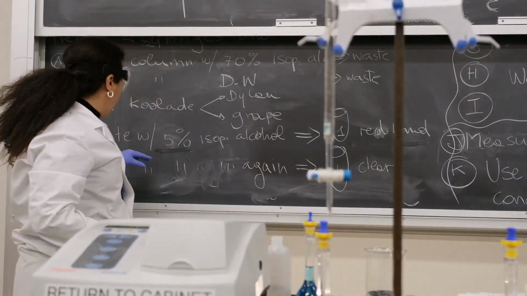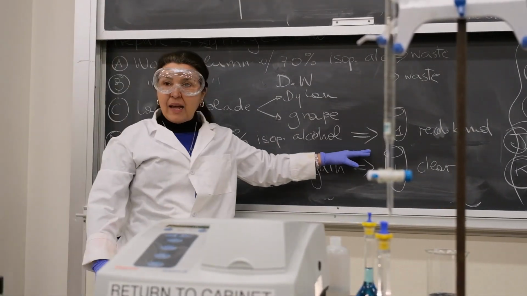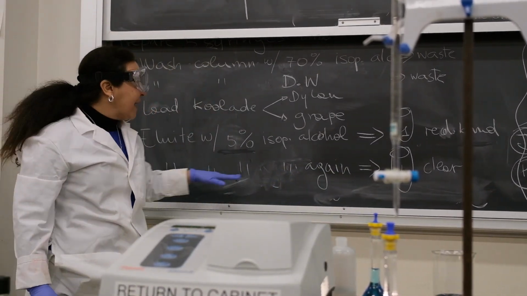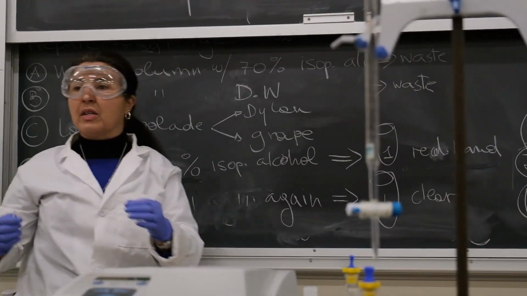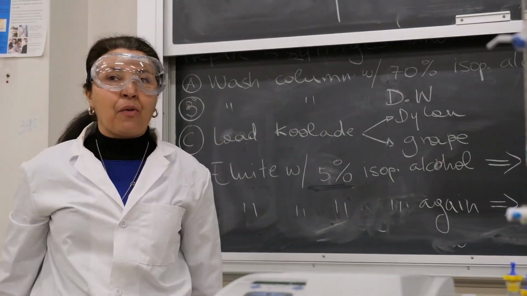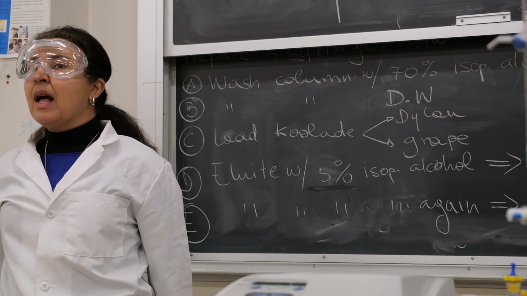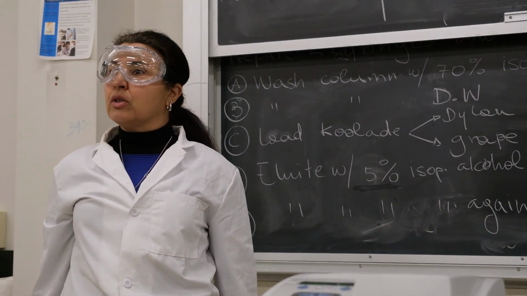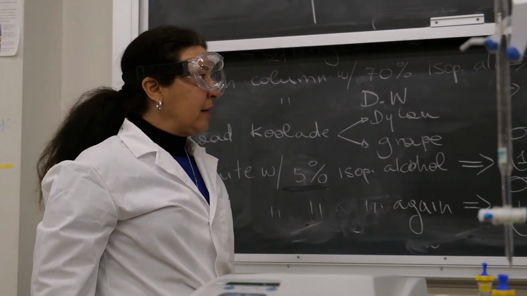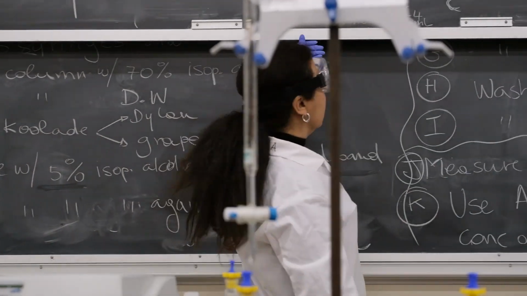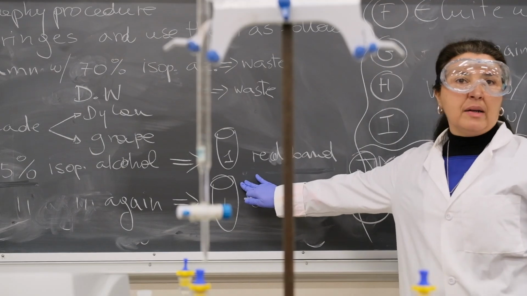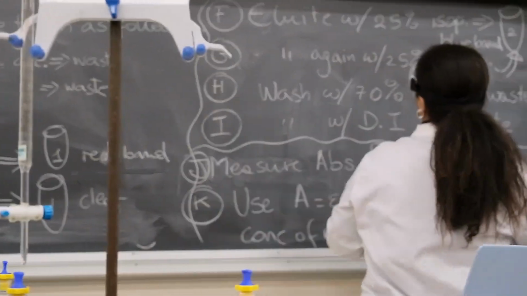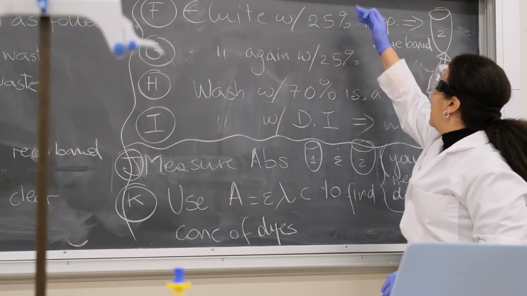So we need to figure out the initial concentration of our sample. We collected the first 5%, then we can collect again 10 milliliters of 5%. Why? Because even if we cannot really see the red, there is still some residual Allura red in your solution, so we need to collect it all. Then, once we finish collecting the Allura red in tube number 1, we collect the brilliant blue in tube number 2.